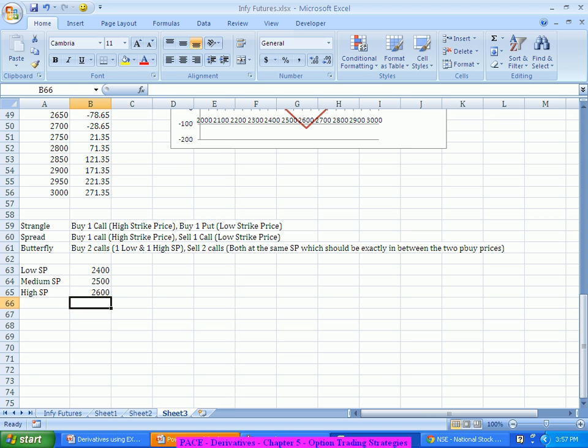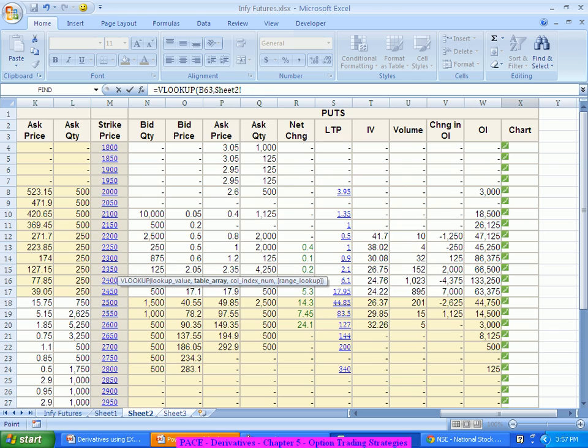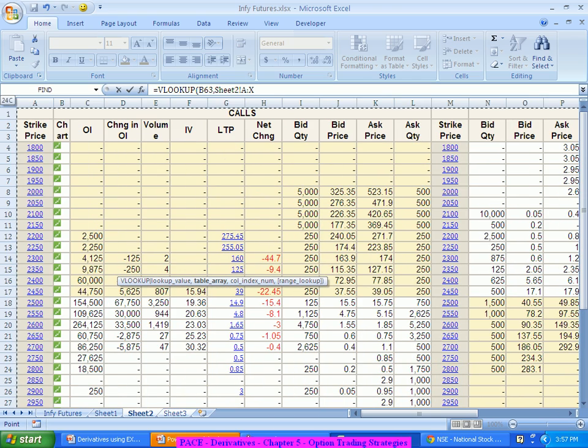Now you can use your VLOOKUP to get the call option price for these three. You can get the call option prices. So we'll simply say VLOOKUP this value, comma, do it on this entire column, this entire range.